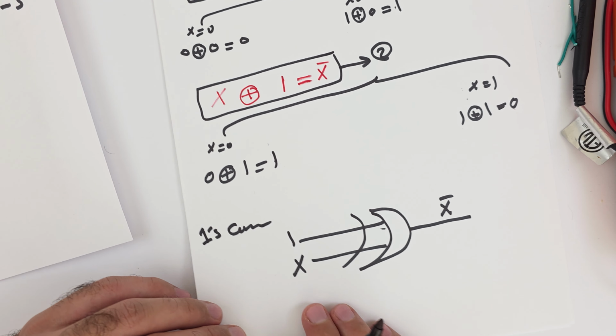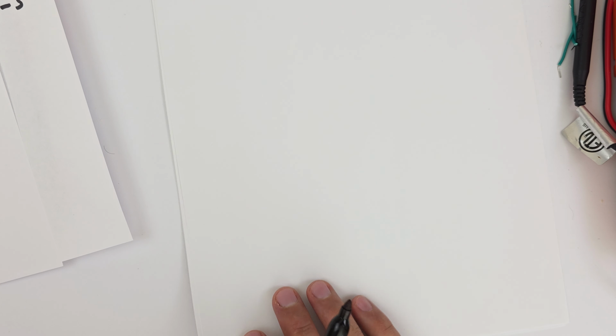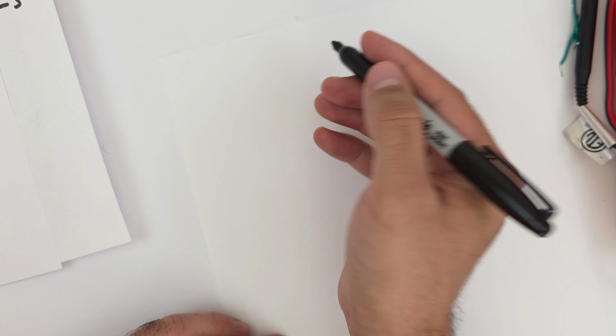But I need to focus on this now. So why am I explaining all of that? Because let's take an example. It is going to explain everything. Let's say that we have a value a equal to 1, 1, 0, 0, and b equal to 1, 0, 0, 0.